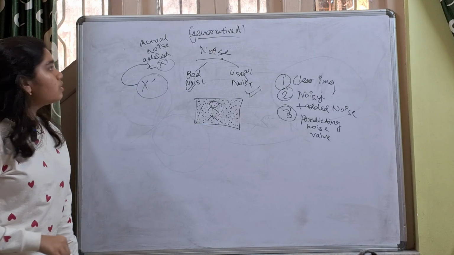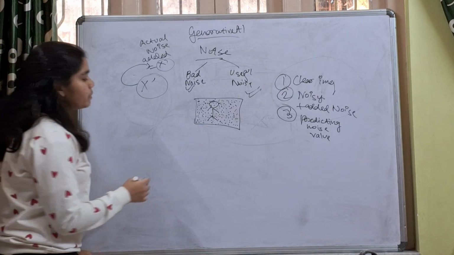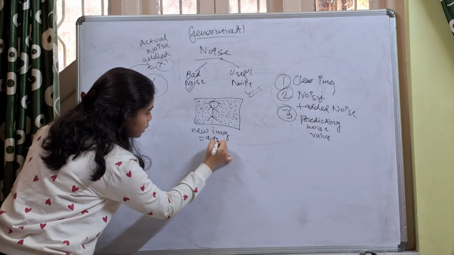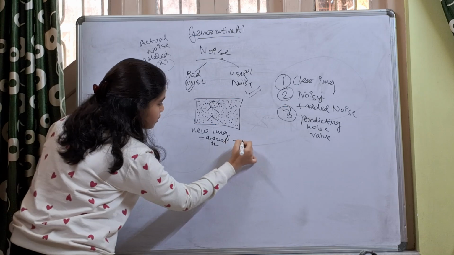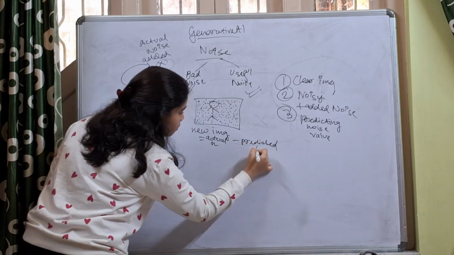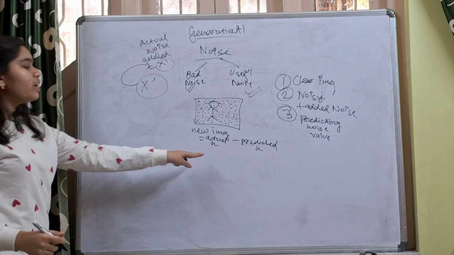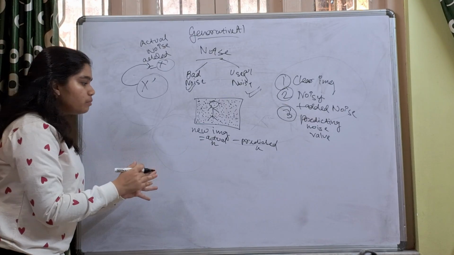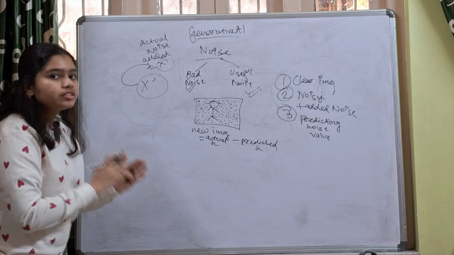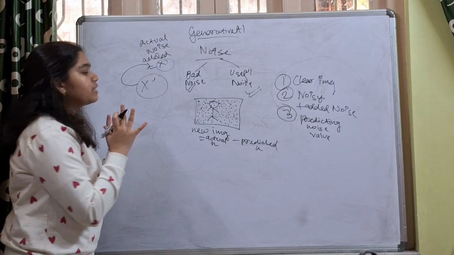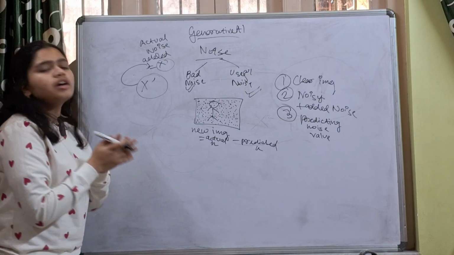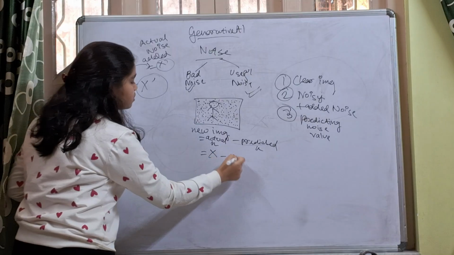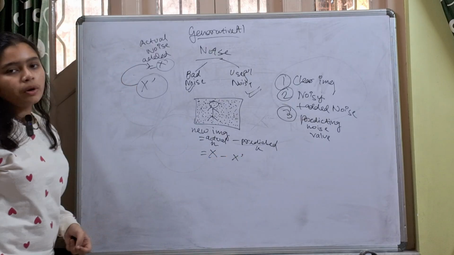Now if it is close to the actual noise added to the image, then the predicted noise will be subtracted from the actual noise. Now some noise is removed, right? What you're doing is basically x minus x hat.